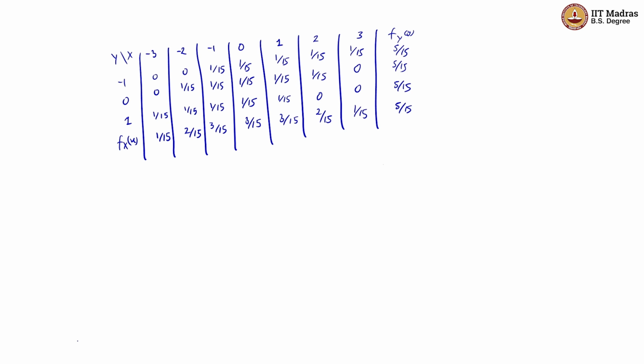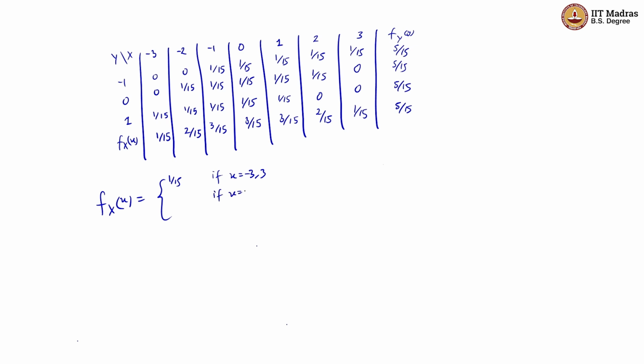So from here clearly the PMF of X is: when X is equal to -3 or 3, the probability is 1/15.